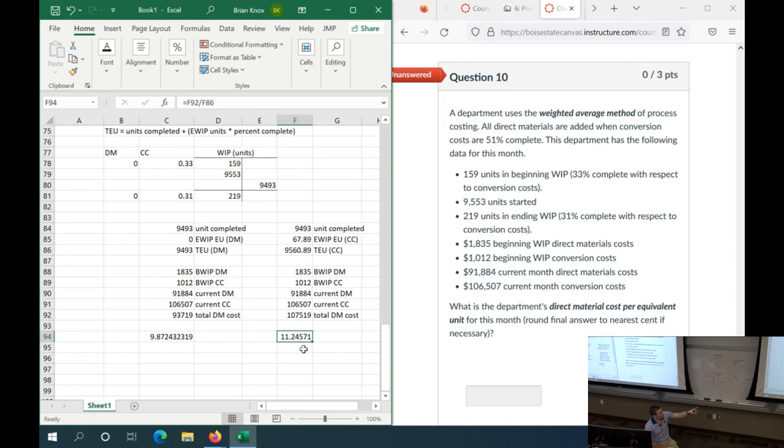The 219 in ending WIP is an entirely separate group. So it's how much of that number of units are done essentially, versus that particular unit being that percentage close to done.